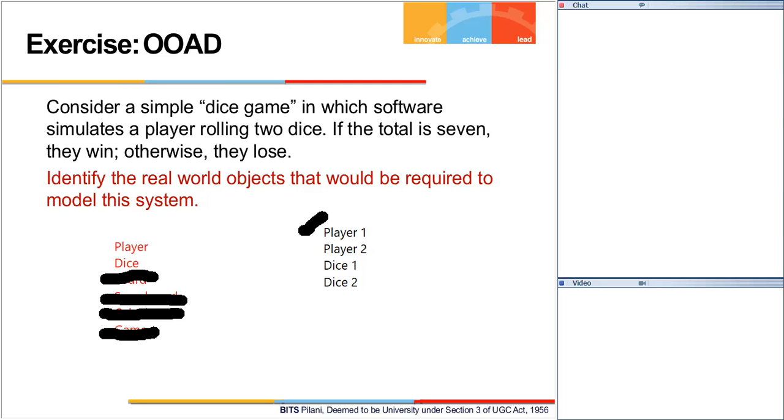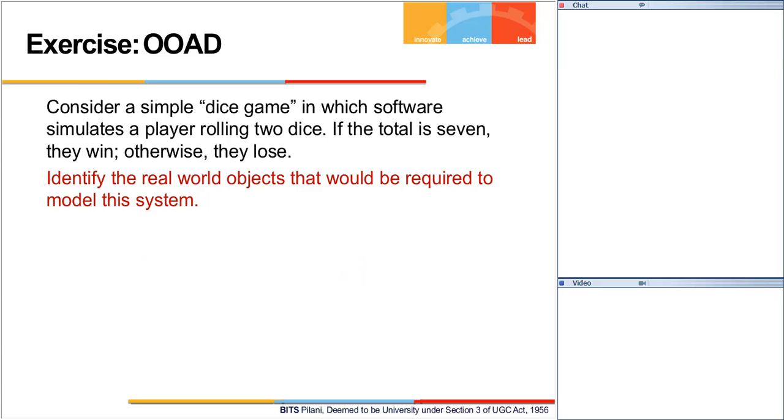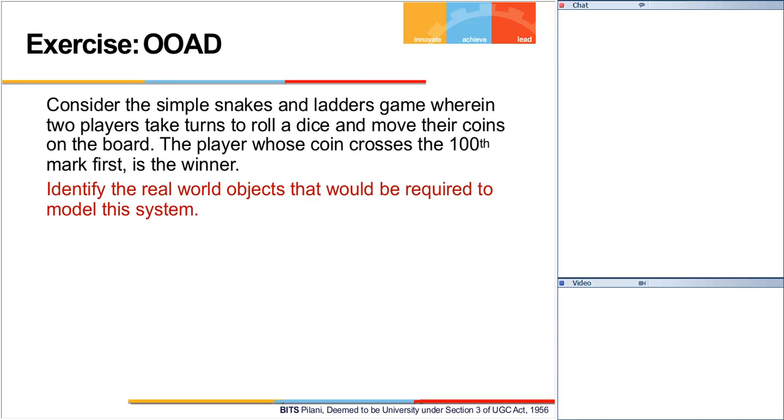Okay, I'll move on to the next question that I have. So the real world objects in this case are the dice and the player. Let's take the second one. This is a step enhancement to the previous one. So consider this simple snakes and ladders game wherein two players take turns to roll a dice and move their coins on the board.